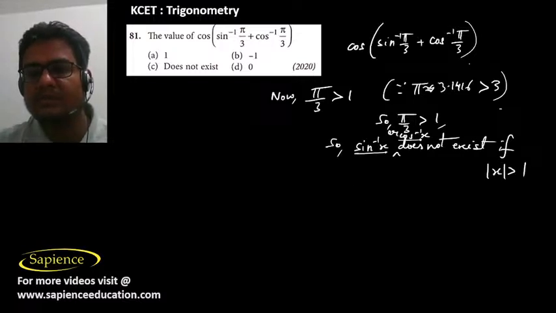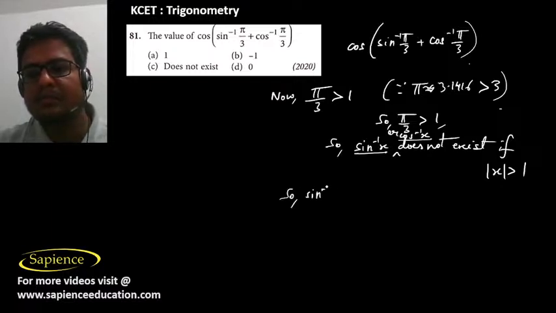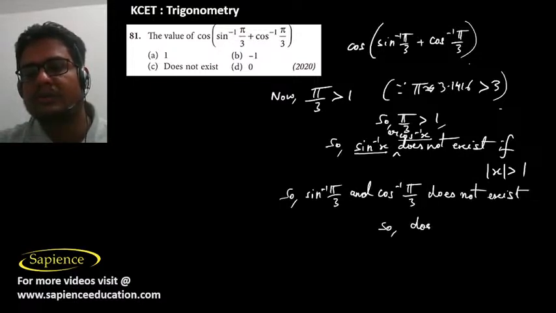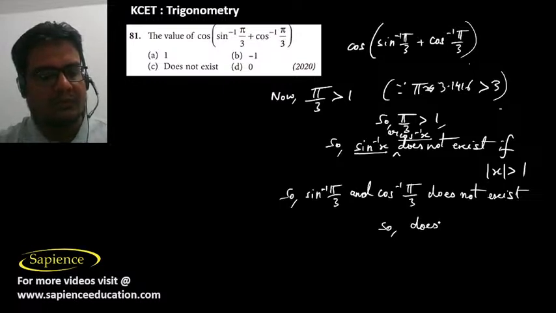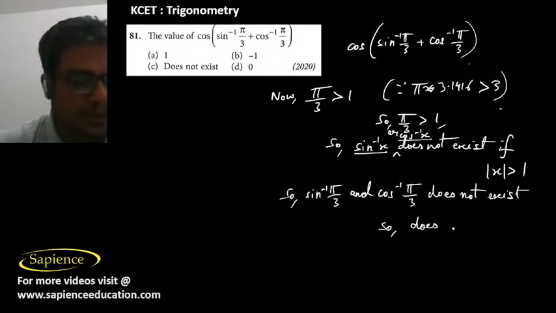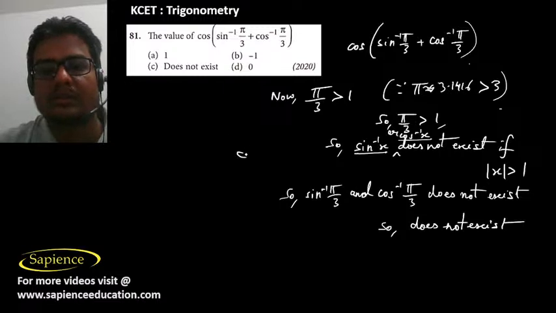They exist only for |x| less than or equal to 1; for |x| greater than 1 it does not exist. So therefore sin⁻¹ π/3 and cos⁻¹ π/3 do not exist. So the value does not exist. So option C is the correct answer.